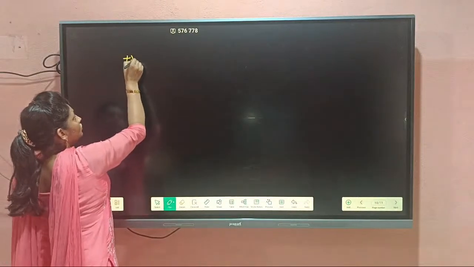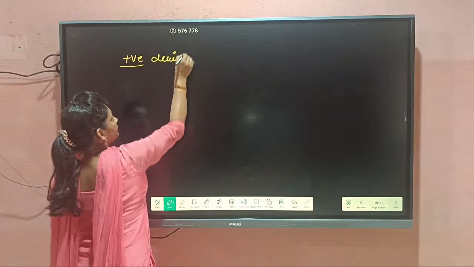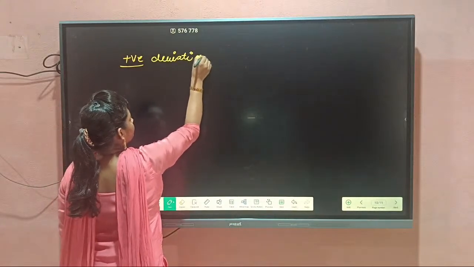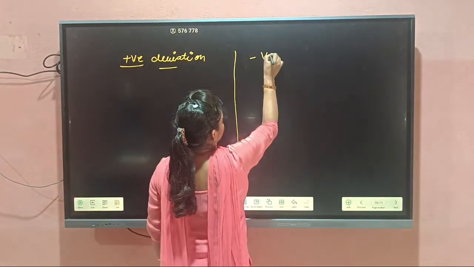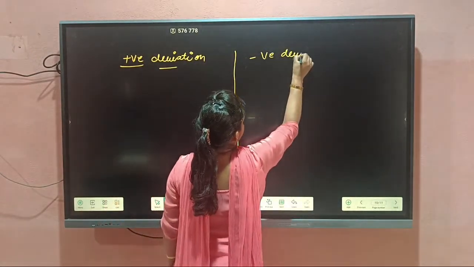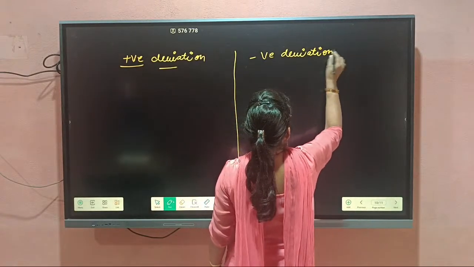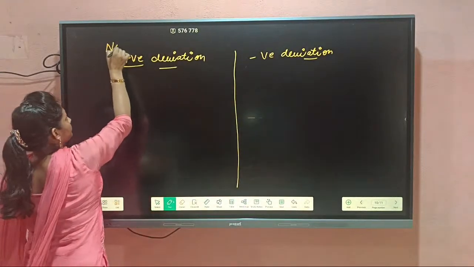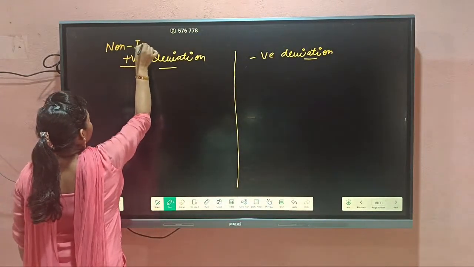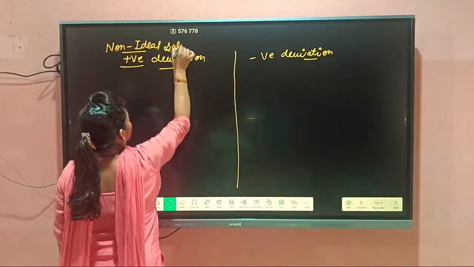So non-ideal solution with the positive deviation, and with negative deviation. Students, both of these are types of the non-ideal solution. And what do you mean by the non-ideal solution?